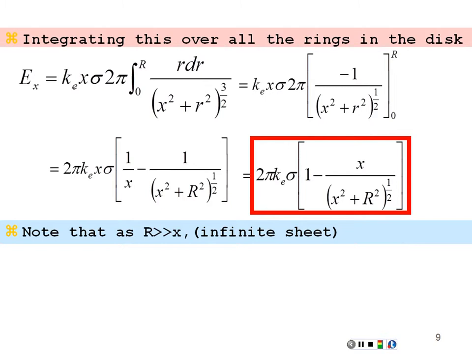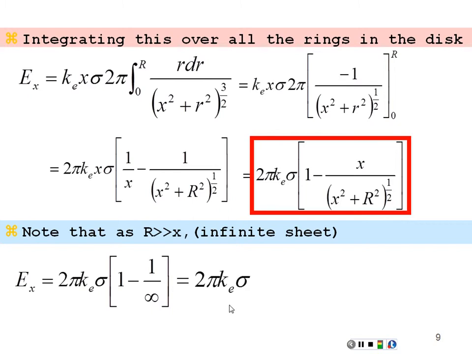Note that if r is much bigger than x, in other words, if you're not very far away from this disk, or if the disk is infinitely large and you're close to this disk, then this second term becomes basically 1 over infinity, and that's going to be 0.